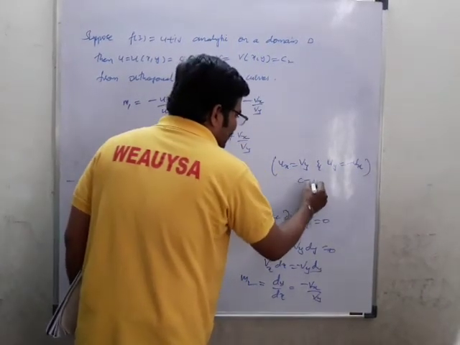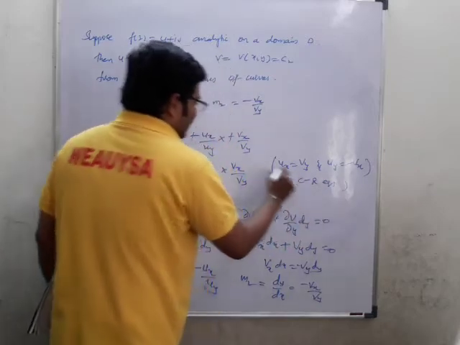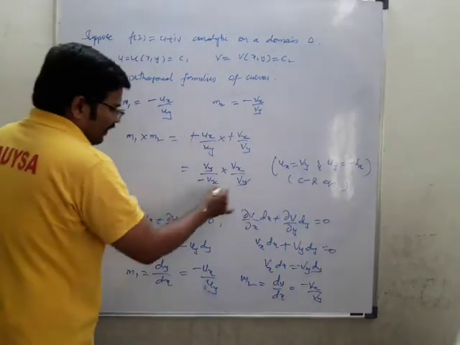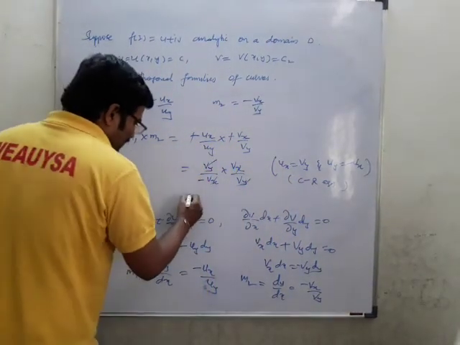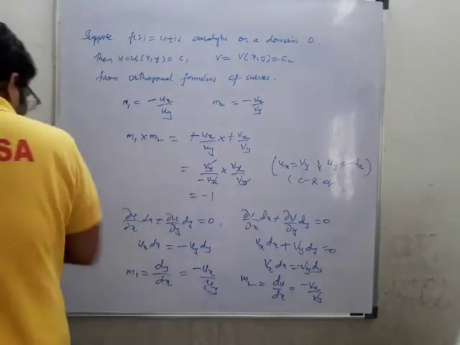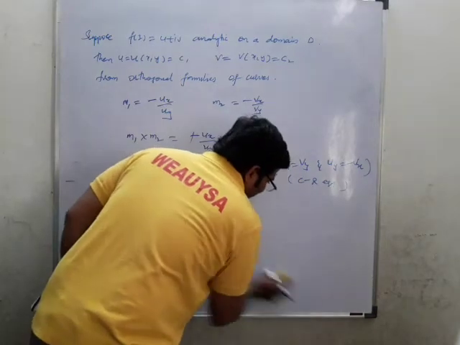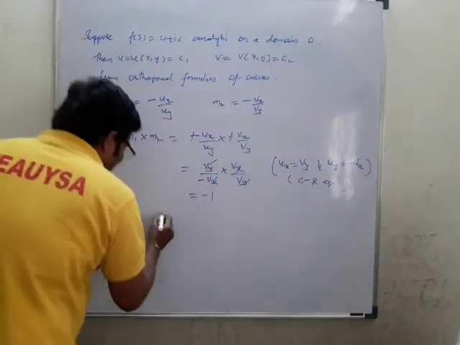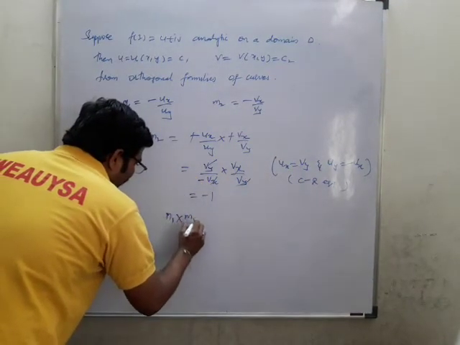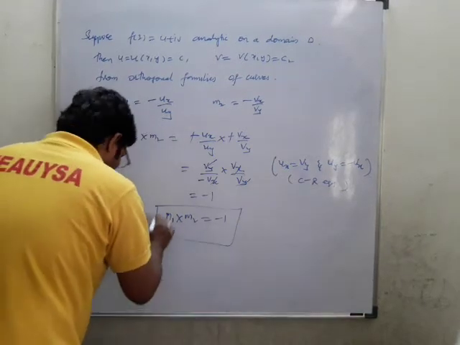This is from the CR equations. So vy gets cancelled, ux gets cancelled, and you get minus 1. So m1 into m2 equal to minus 1.